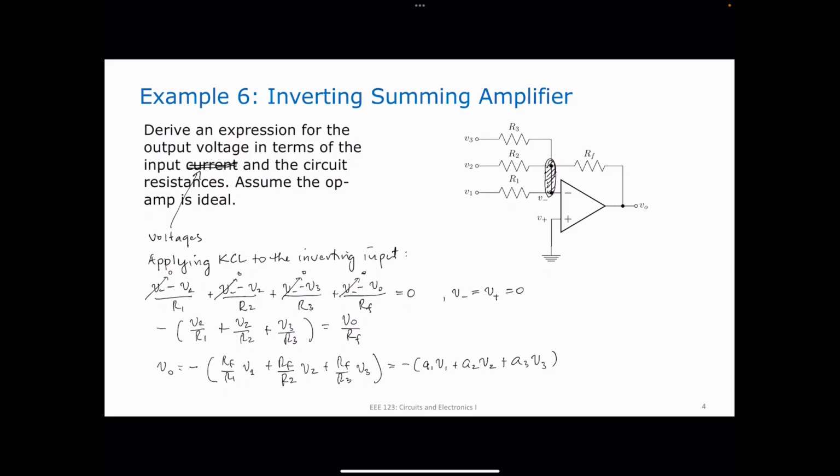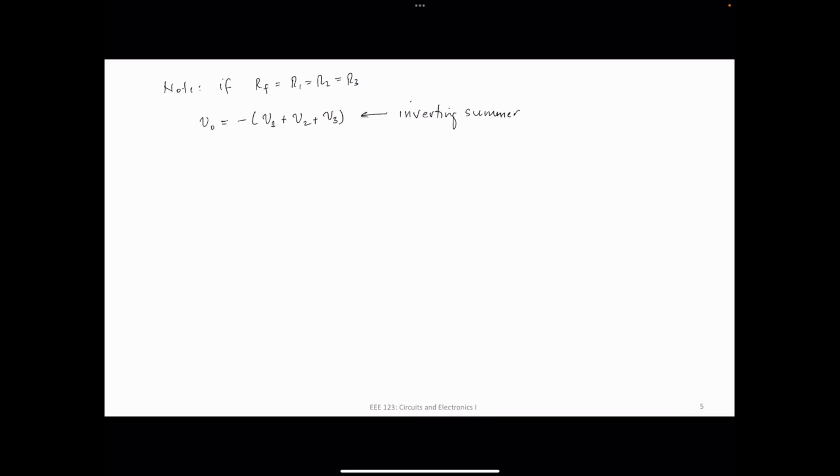And note that we can actually select a set of values for RF, R1, R2, and R3 so that we can implement any value for A1, A2, and A3.